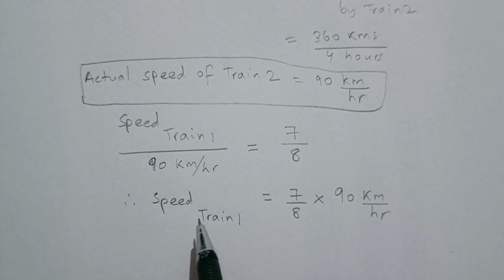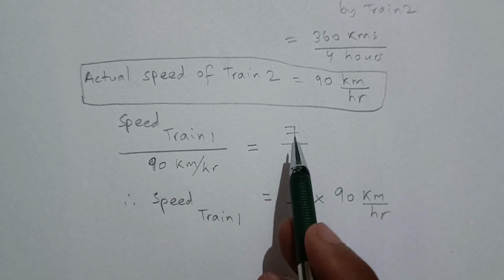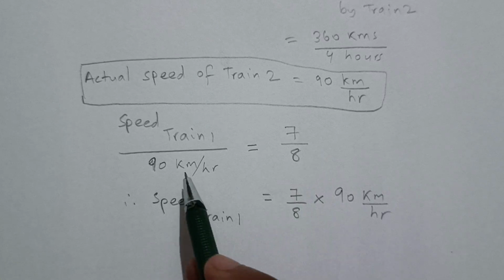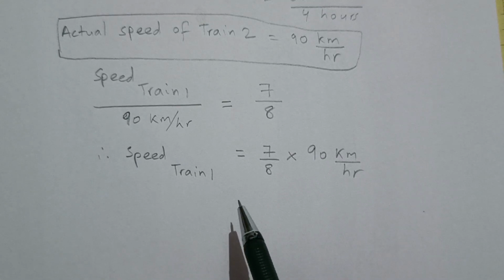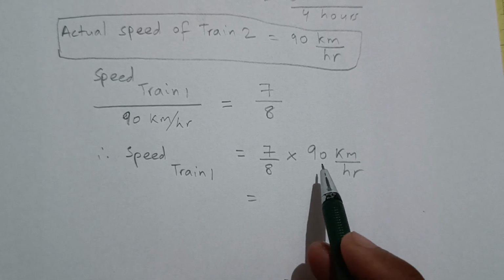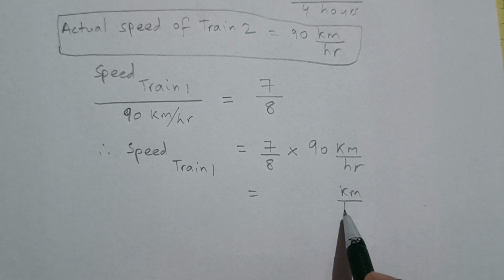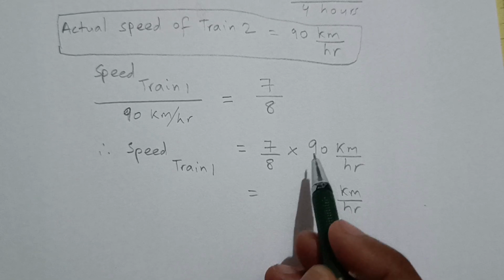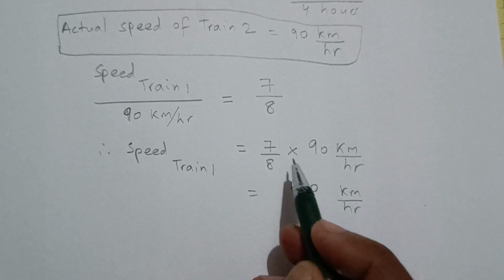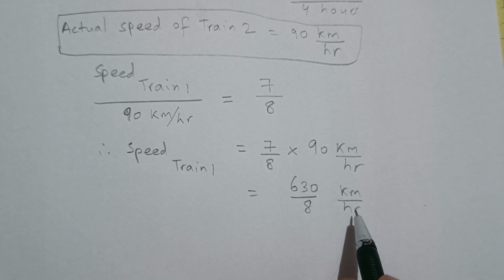Speed of train 1 is 7/8 multiplied by 90 kilometers per hour. And now we will solve this. The unit will be kilometers per hour. Now 7/8 into 90. So 7 into 90 is 630. So 630 by 8 kilometers per hour.